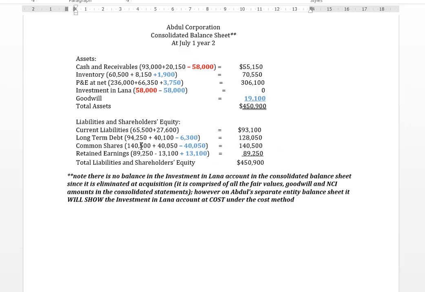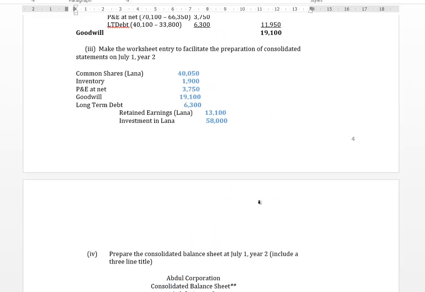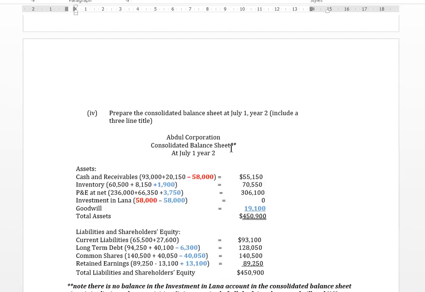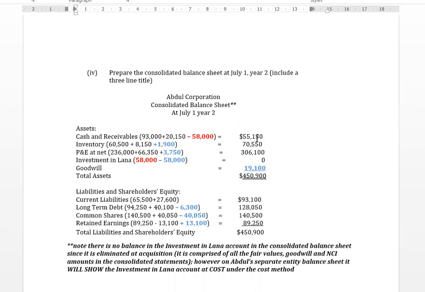$128,050. And don't forget, we're picking up Abdul's common shares. We've got the common shares of Lana, but don't forget we're eliminating them. So it's an in and an out. So at net, we're not picking up any common shares of Lana. Why? Because we eliminated them here. We did it on the consolidated books because it's all subsumed as part of that investment that we're eliminating.